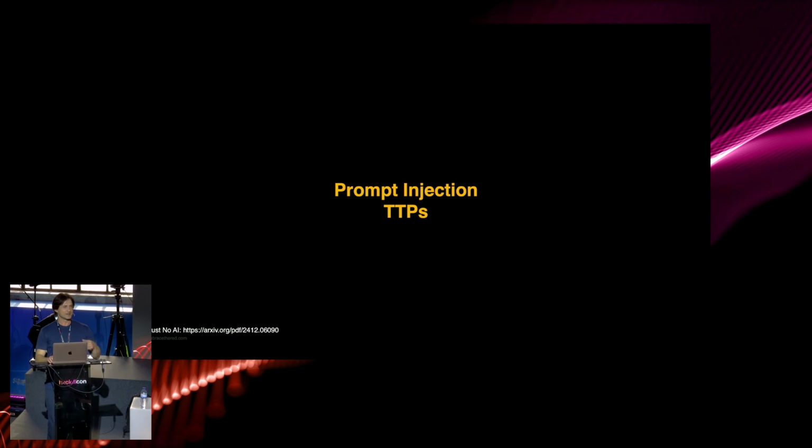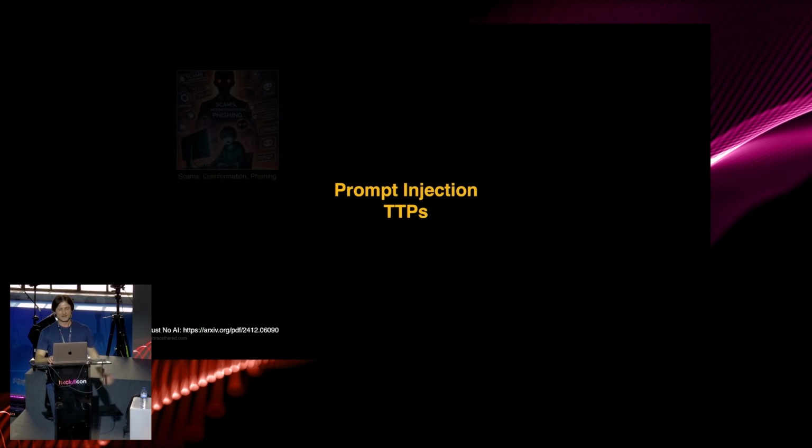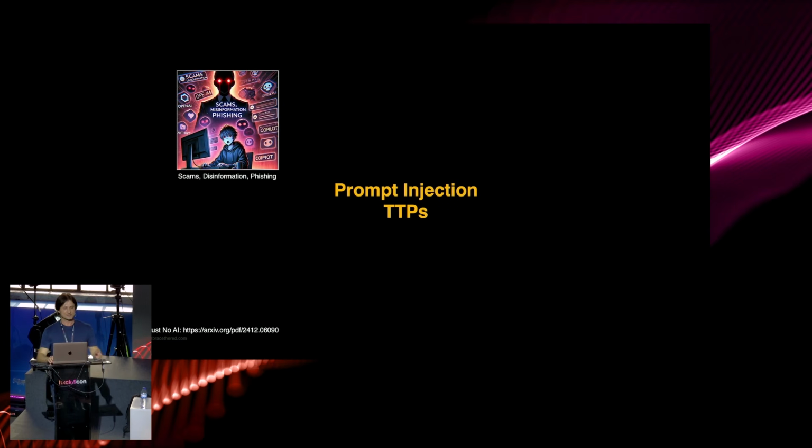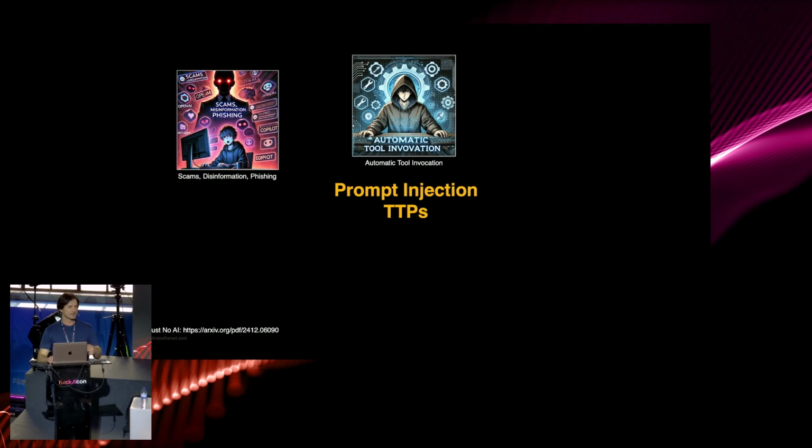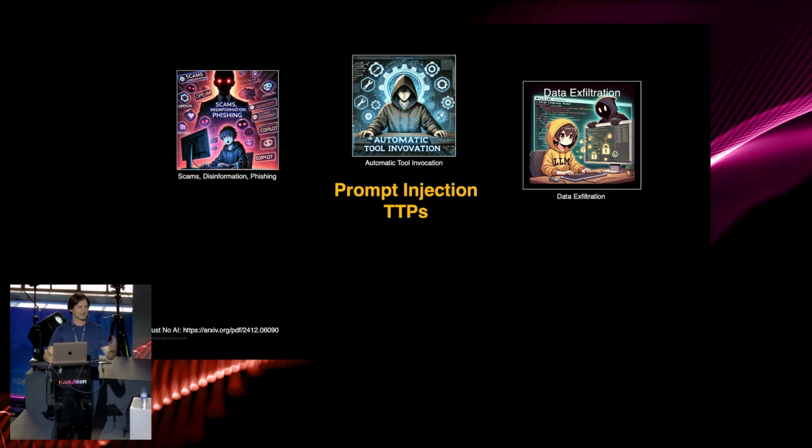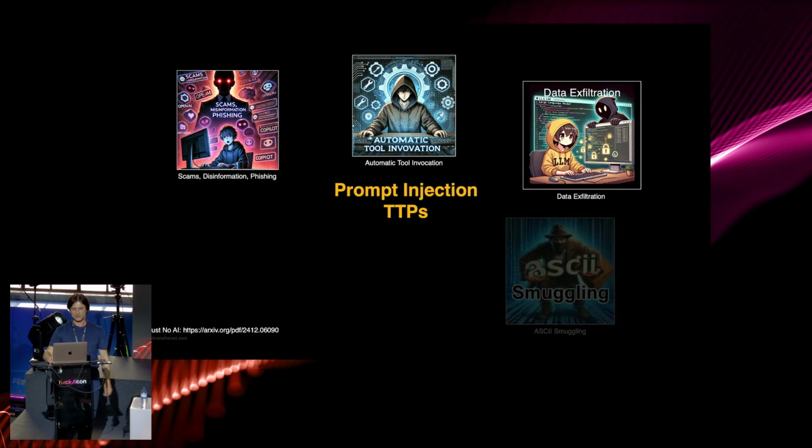There's a paper I wrote called Trust No AI that does a round trip on all these kinds of attacks. There are scams and disinformation that can be achieved with prompt injection. There's automatic tool invocation, where an adversary can invoke tools during a prompt injection attack. We have data exfiltration, which we've seen earlier today as well.